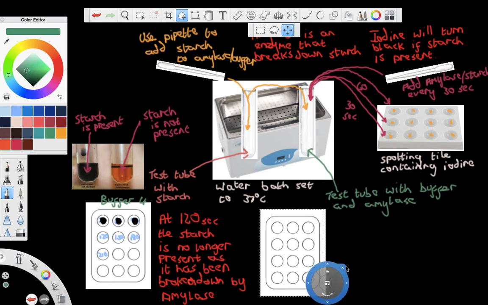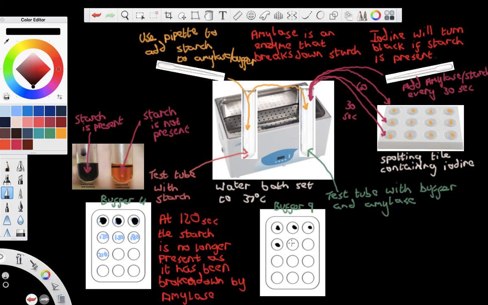So if this is at buffer 9, I may have added my amylase to the starch at 30, 60, 90, 120, 150, 180, 210, and then it may have gone orange down here.